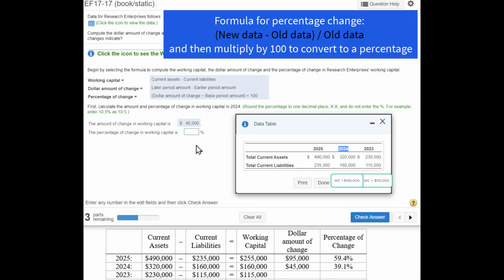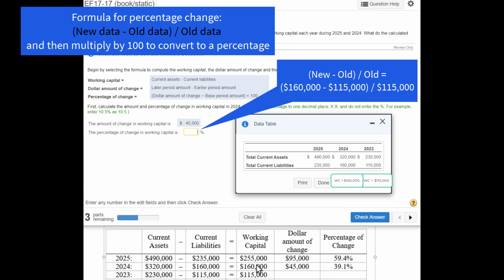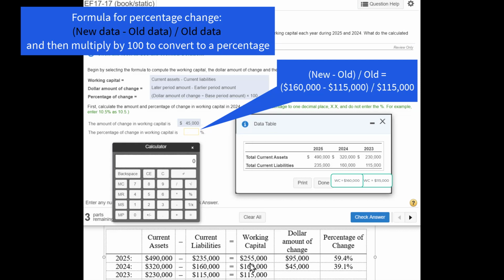Next, the percentage of change in working capital. So remember, the formula for percentage of change is new minus old divided by old. New is 160,000 minus 115,000, which we've already calculated as 45,000.